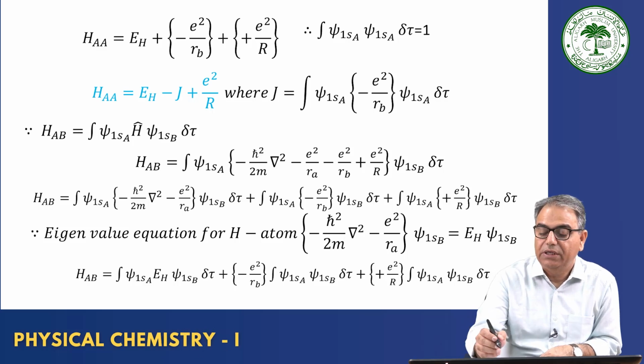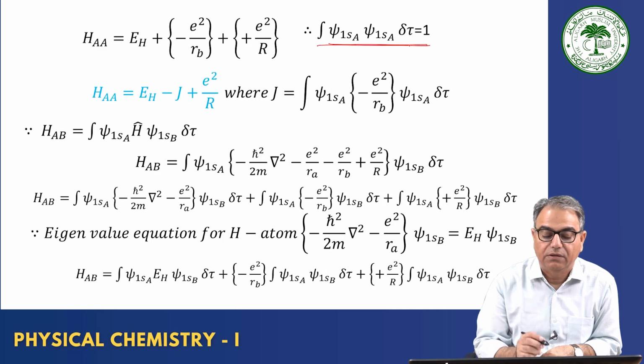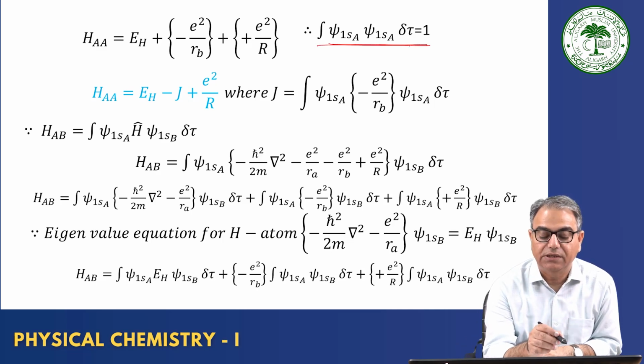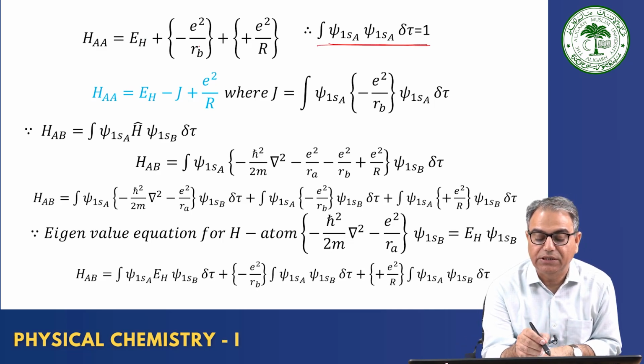E_H you can bring outside. And you know that the integral of psi 1sA squared d tau is equal to 1. So HAA is E_H plus minus e square by RB plus e square by R.